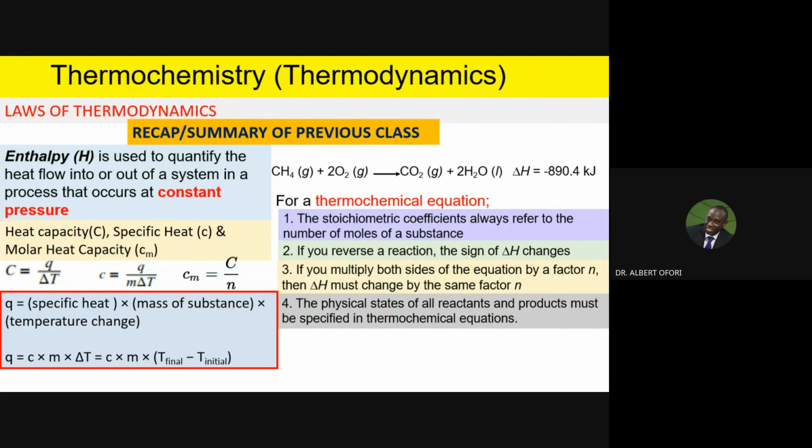Now for every thermochemical reaction, which is a reaction that is going to be releasing heat or absorbing heat: if the heat is released, then the heat should be negative. When it is absorbed, then the heat should be positive.